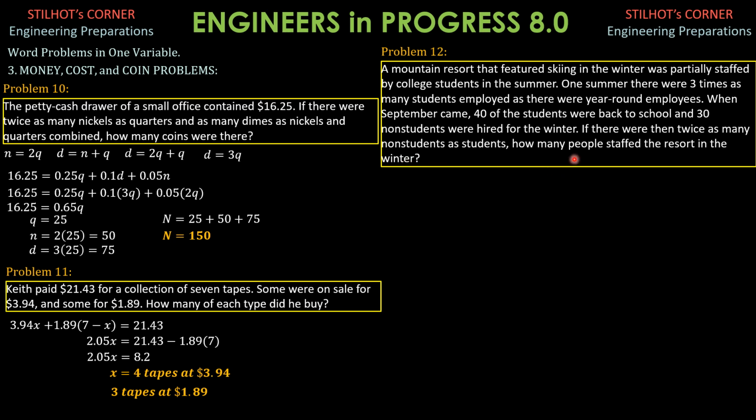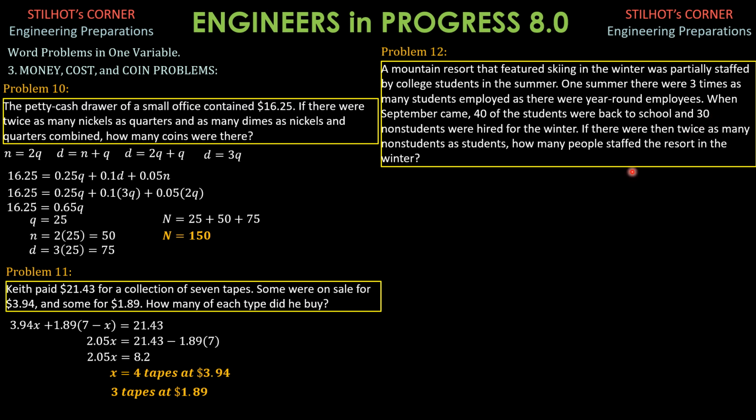So the number of people staffing the resort in the winter is equal to the number of students in the summer, which is S, minus 40, plus the number of non-students during summer, which is E, plus 30, because during the winter, 30 non-students were hired.